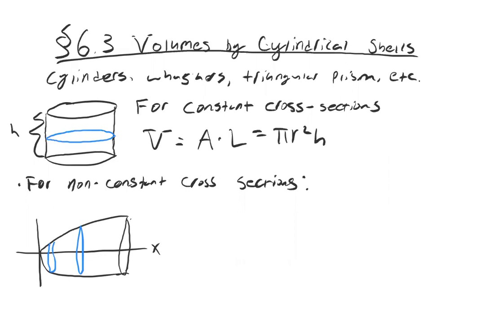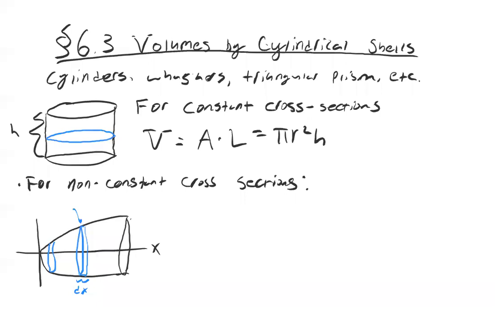So what we need to do for this one is look at one of these cross sections and find the volume of just a small one. Just like we've had approximating rectangles for integrals, we have approximating solids for these volumes. If I want to find the volume of this small cylinder right here, let's say that length there is dx.